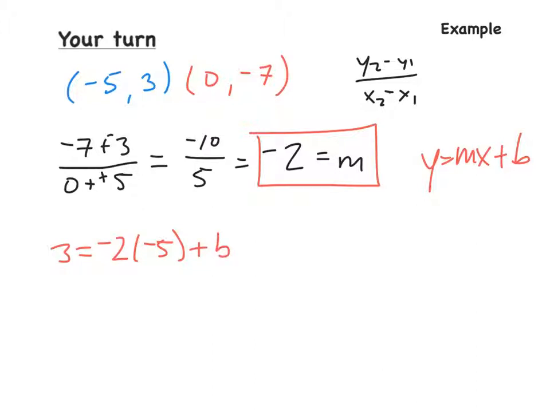If we solve this through, negative 2 times negative 5 is a positive 10. Bring everything else down. Now to solve for b, we have to subtract 10 from both sides.